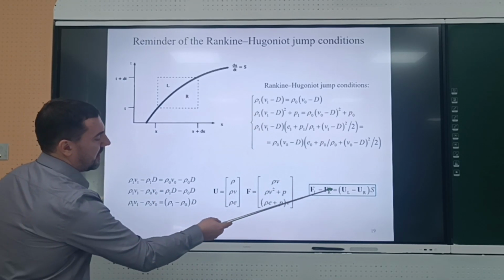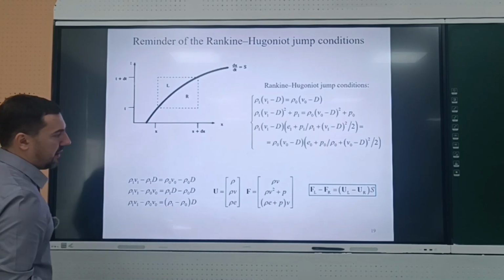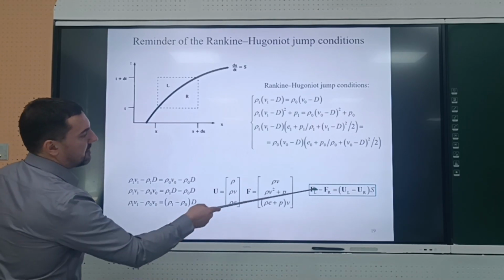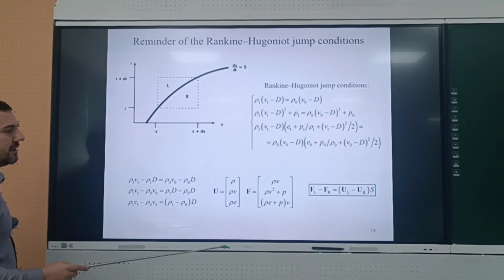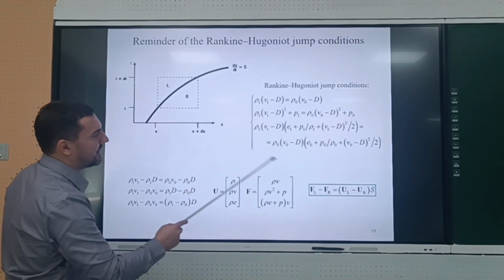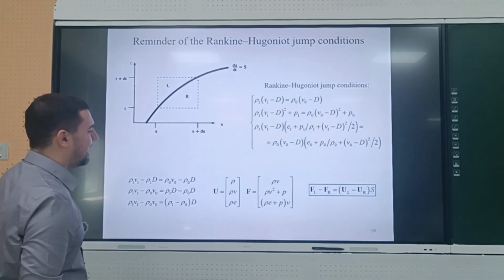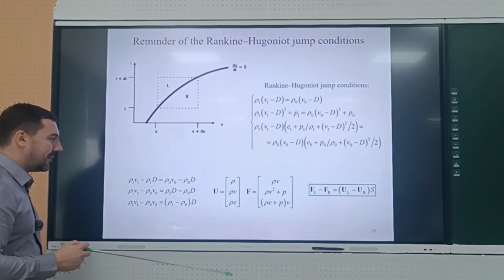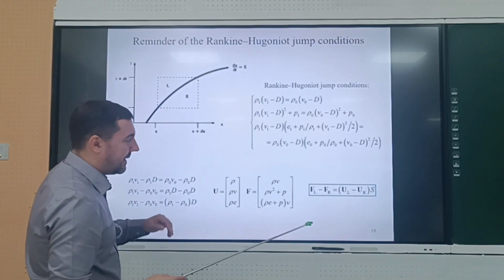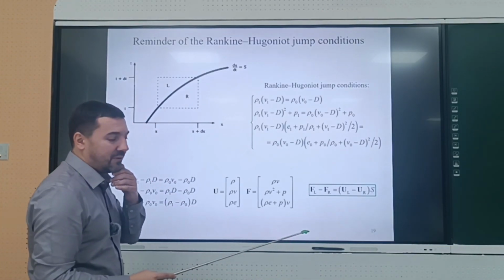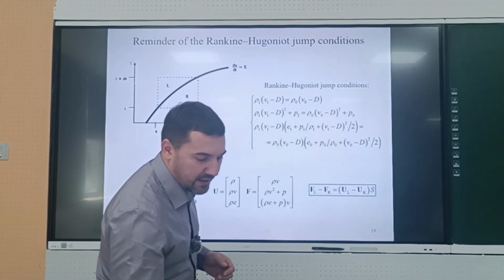And highly likely, if you take any book, you will see the jump conditions in this form. In the Russian books, usually people write the first form, and in English people always use this one. Anyway, it's just the same. This form is useful for us at the moment. Why is it so?